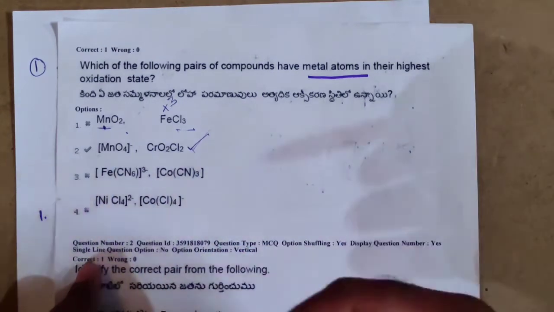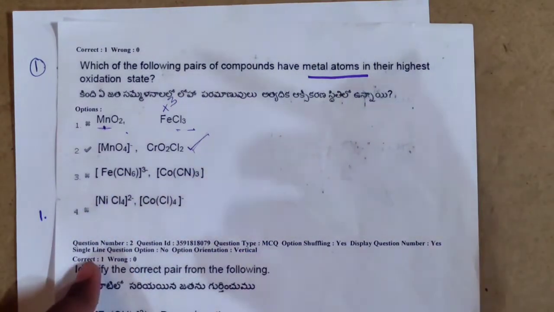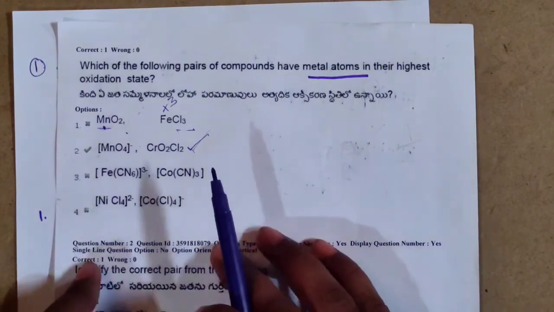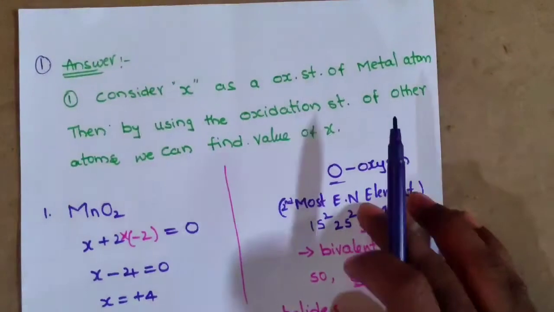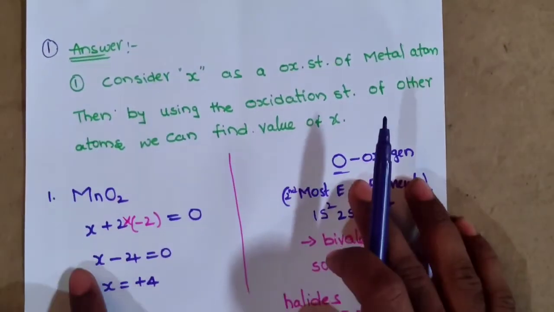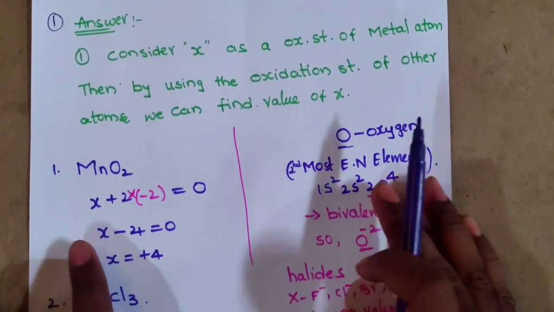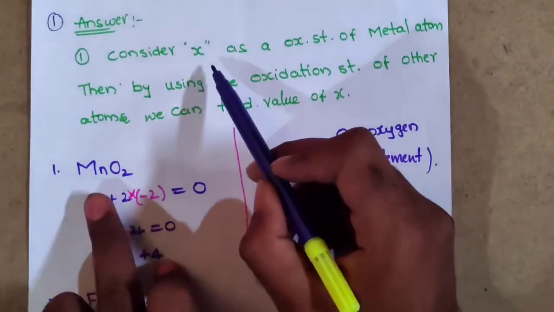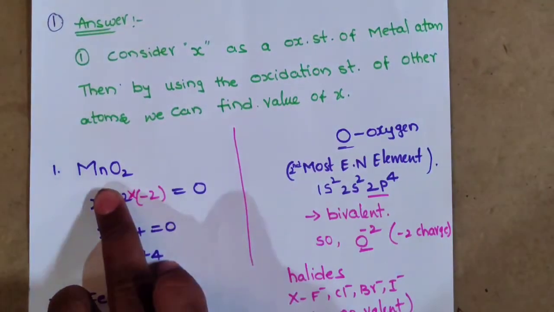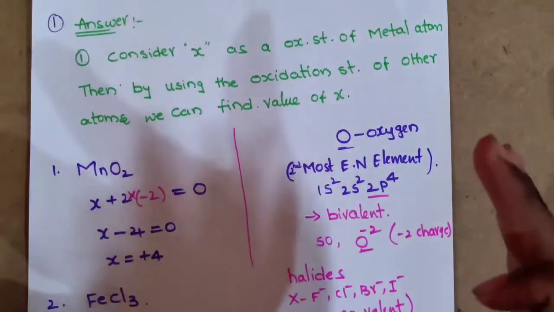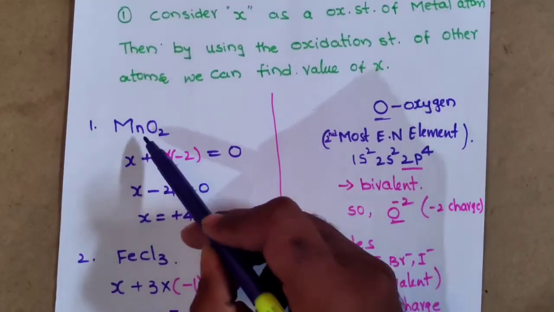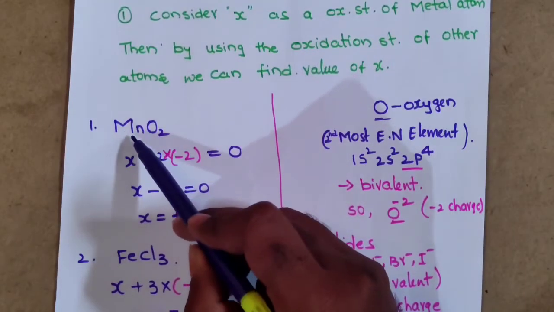So like that we have different substituents along with the metal atoms. Here our main aim is to find out the oxidation state of the metal atom.